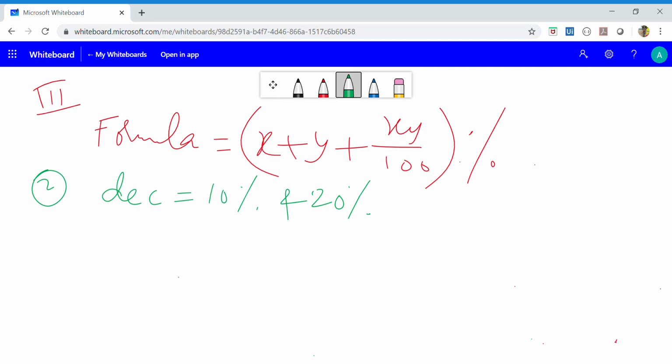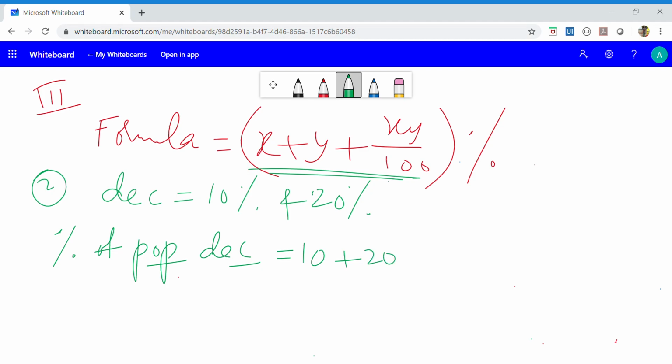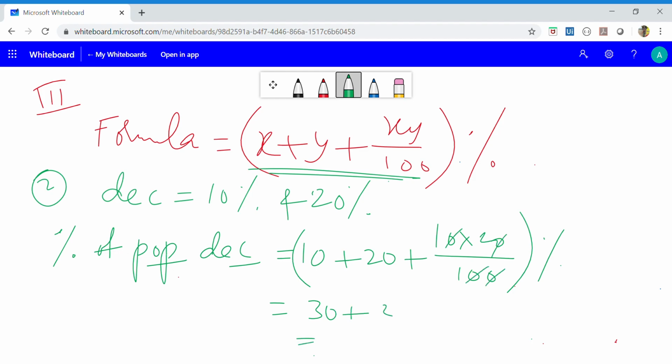What is the percentage of population decreased or increased after 2 years? He is asking. So the solution: percentage of population decrease is equal to, what is the formula? x plus y plus xy by 100. So x is 10 plus y is 20 plus x into y, 10 into 20 by 100%. That is nothing but 30 plus 2, the zero cancels here too, nothing but 32%.